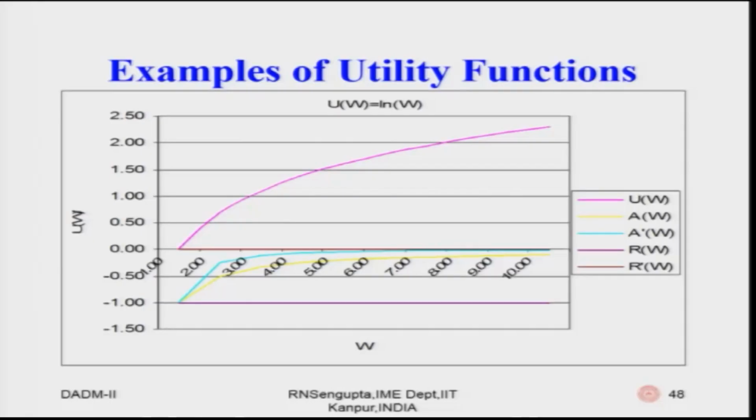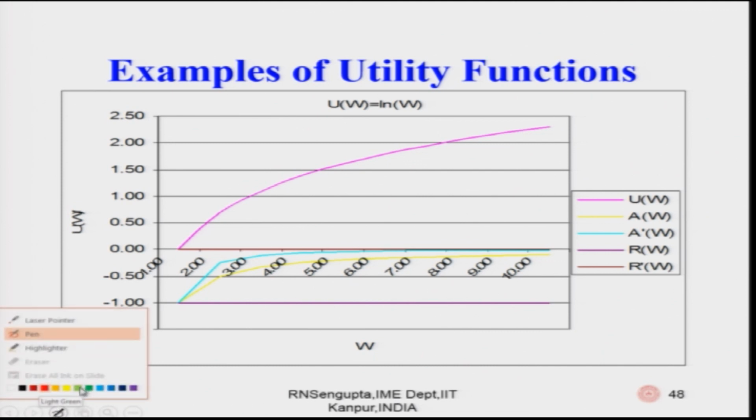Now, we need to draw the graph. I am going through the same sequence of steps as I did for the quadratic utility function. If you draw the graph, put those values and then basically find out and plot the values of u, then A prime, R prime. You can check the values which are given.